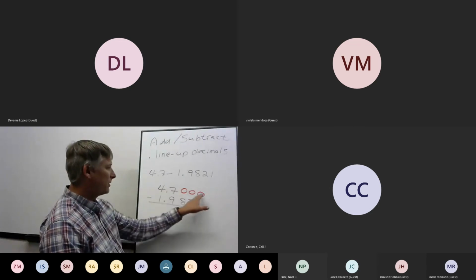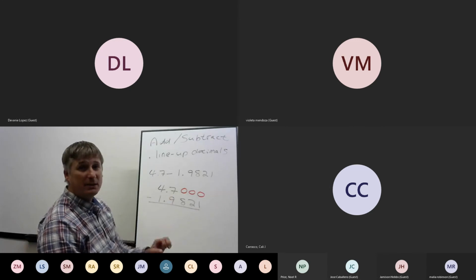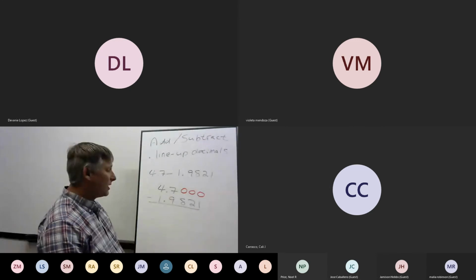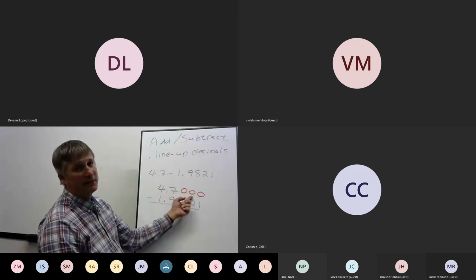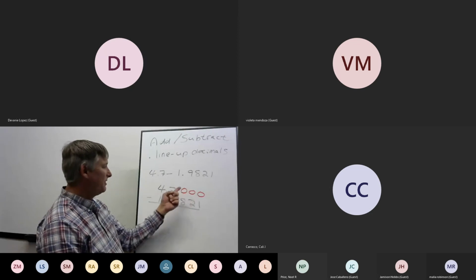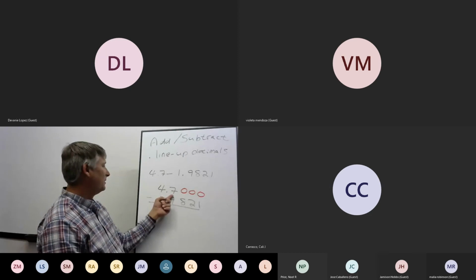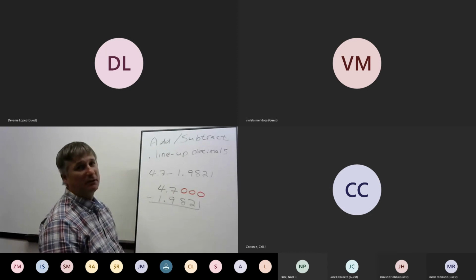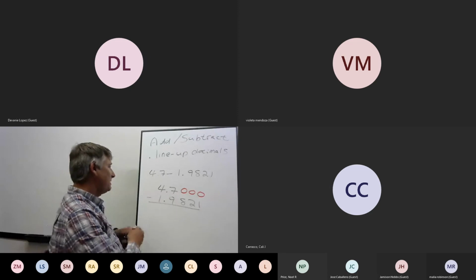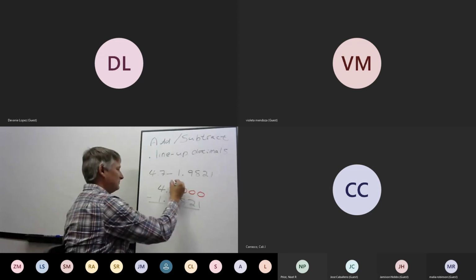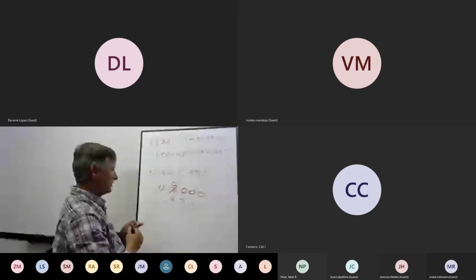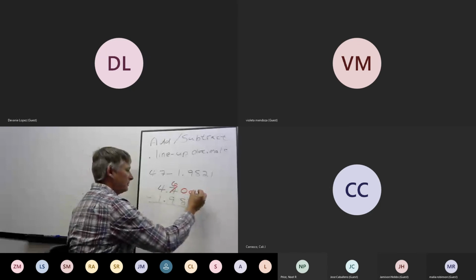We can't subtract 1 from 0, so we need to borrow. The problem is our neighbor doesn't have anything. Their neighbor doesn't have anything. You have to get all the way down to here before we have something. So we can make this a 6. That'll give us our 1.